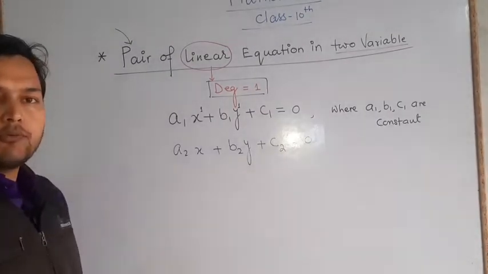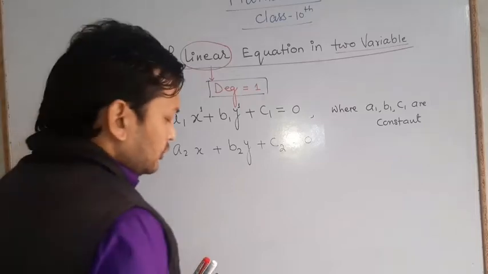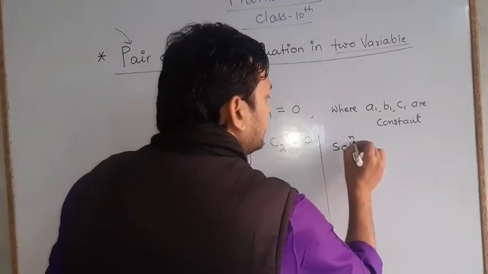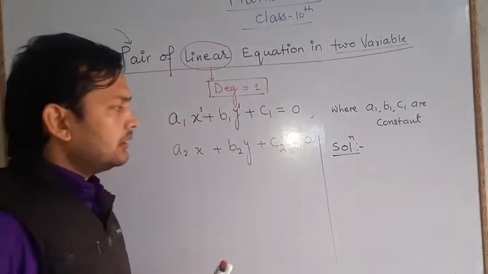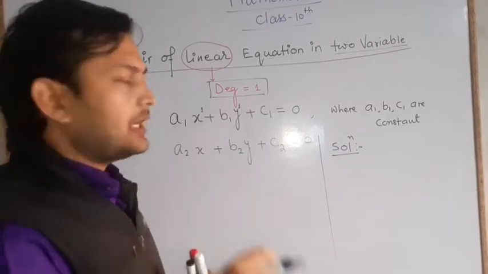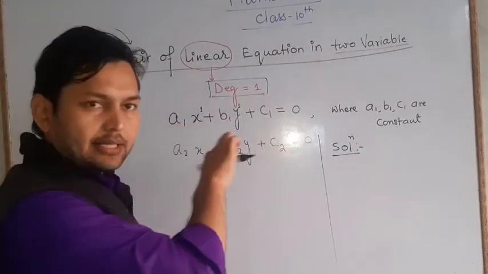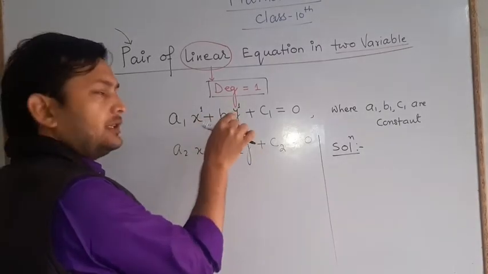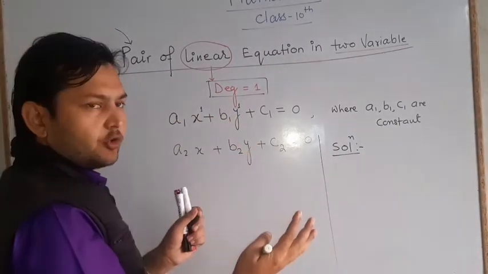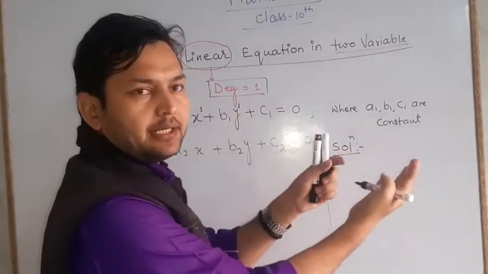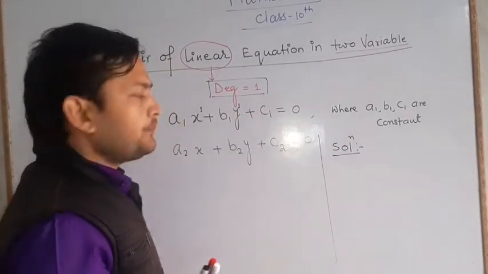You know from the very start that a solution means a value of the variable existing in the equation such that, after putting that value in the equation and solving, we get left hand side equal to right hand side. That point is called a solution.